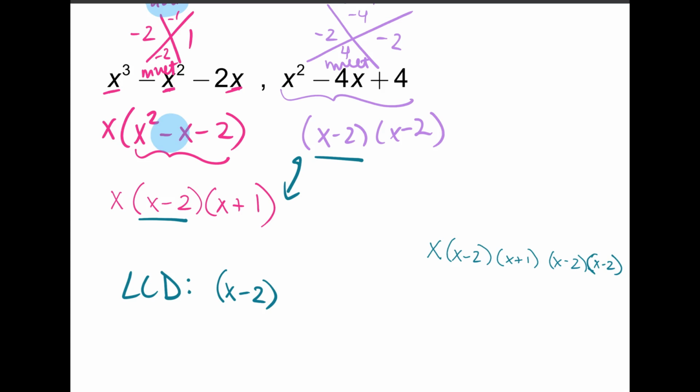Because they share a factor in common, because they both have x minus 2, I can write it one less time. It's kind of like if I was asking for the least common multiple of 6 and 9.